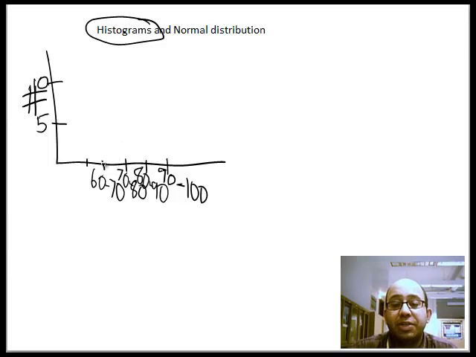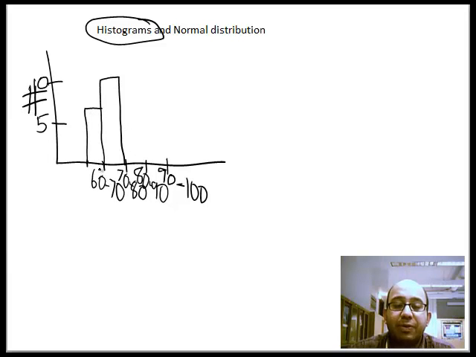If there was a normal distribution of scores, the largest number of people would have the average, between 70 and 80. So maybe we say 10 people have a test score between 70 and 80. This chart is not to scale.